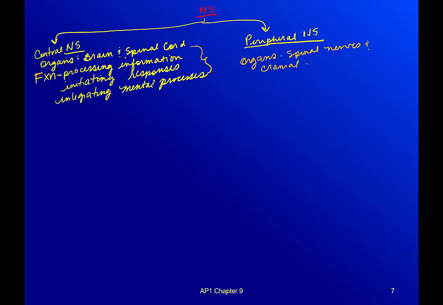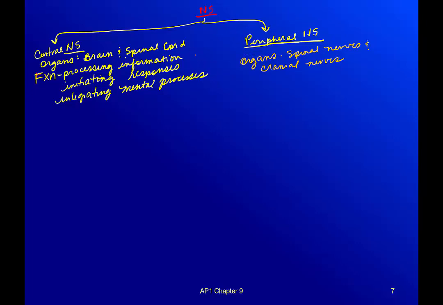Peripheral means sides. Think peripheral vision, right? That's your side vision. Anything that is not brain and spinal cord, doesn't matter what it is, it's automatically going to fit into this category. It's automatically going to be part of our peripheral nervous system.